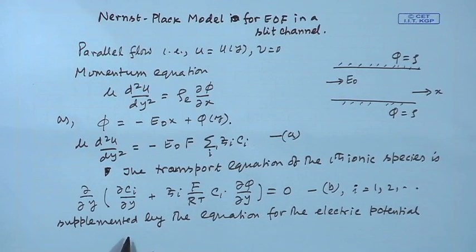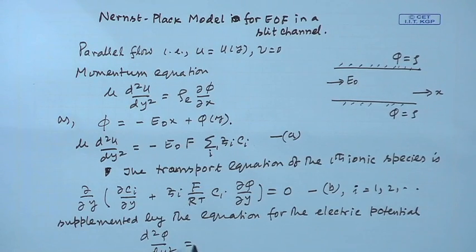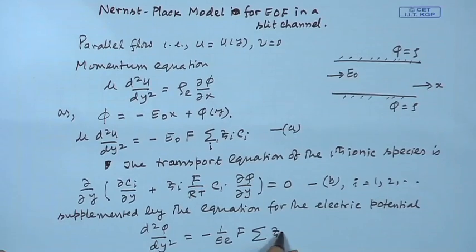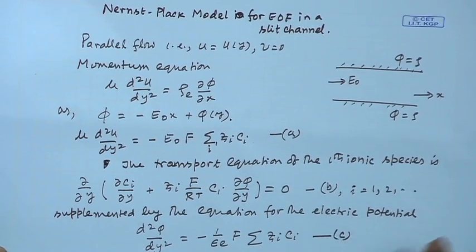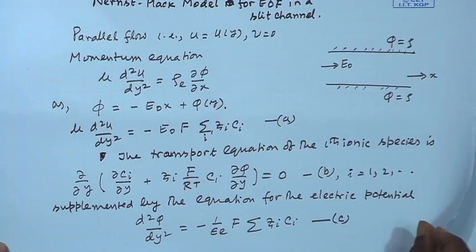So this can be written as d2 phi/dy2 equal to minus 1 by epsilon F sigma_i z_i Ci. So these equations basically are known to us.